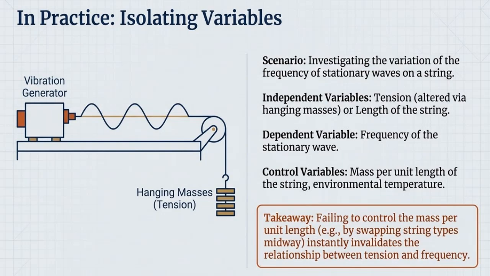To ensure accurate results, we must keep certain factors constant, like the mass per unit length of the string and the environmental temperature. If we don't control the mass per unit length, say by using different types of strings during the experiment, it compromises the relationship we're trying to observe between tension and frequency. This highlights why isolating variables and controlling conditions is crucial for reliable conclusions.